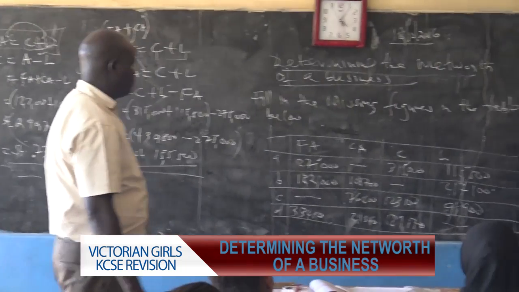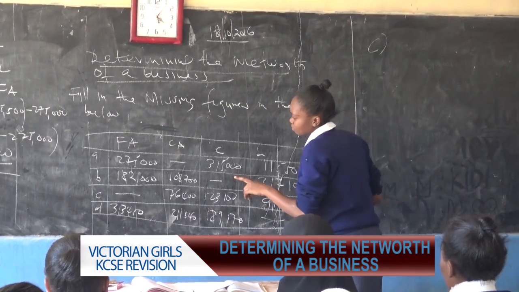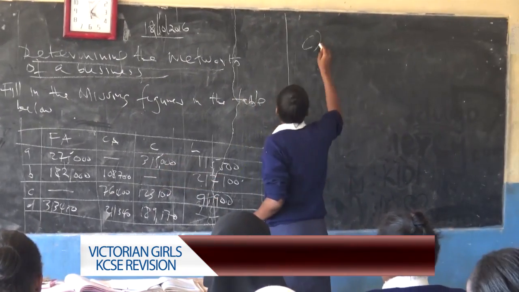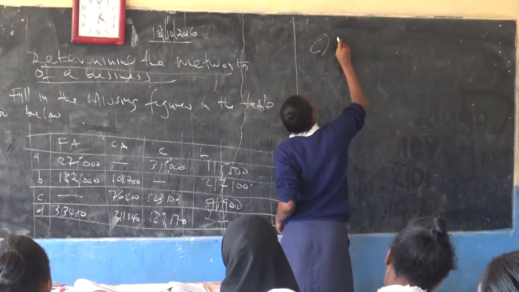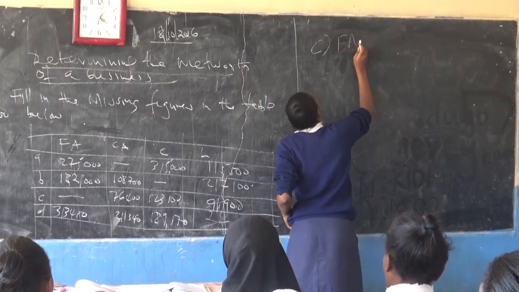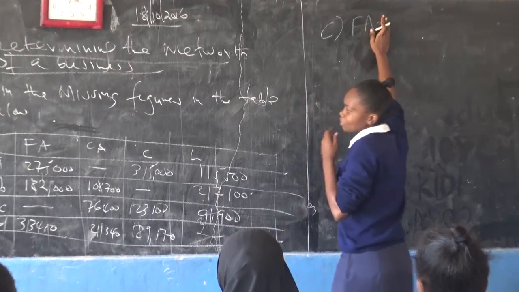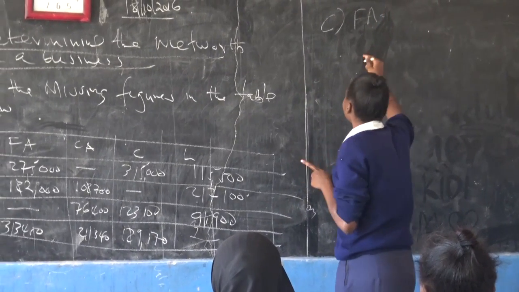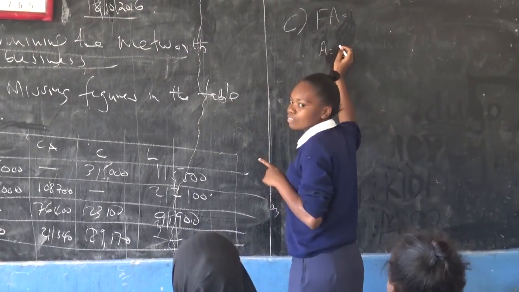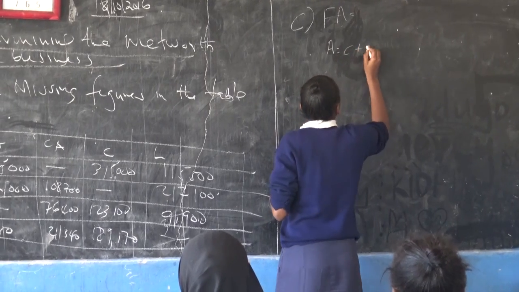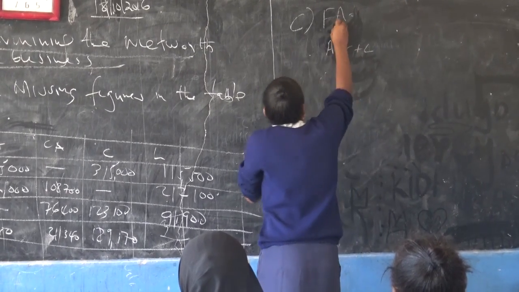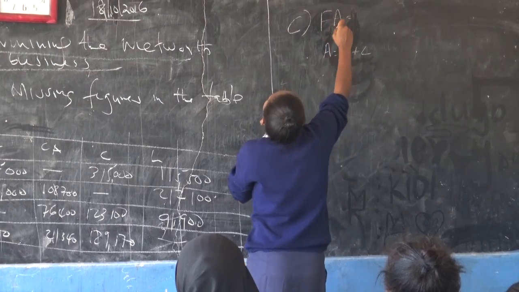In part C, we are finding fixed assets. We say when we are finding assets, fixed assets is in assets.